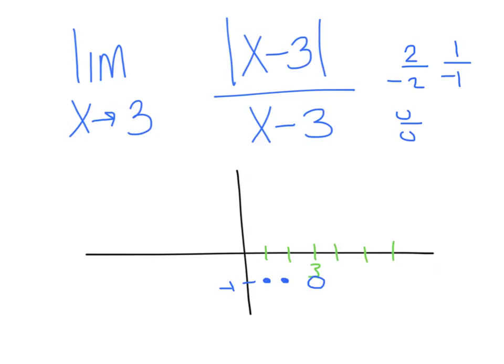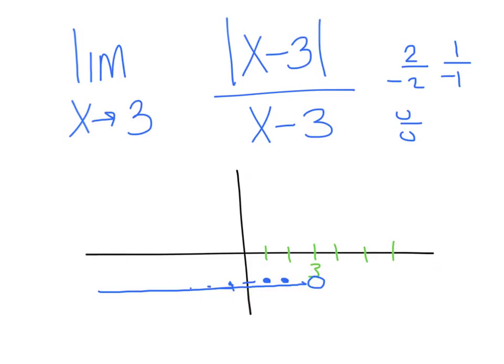And I could plug more points in the negative direction, and I'm going to get heights of -1. So this function is getting closer and closer to 3, but it's not actually touching it. Now remember, there are numbers between 2 and 3. So you could plug in 2.99999, and you're still going to get -1. So that's why we want to make sure this function goes right up to 3 where there's a hole.